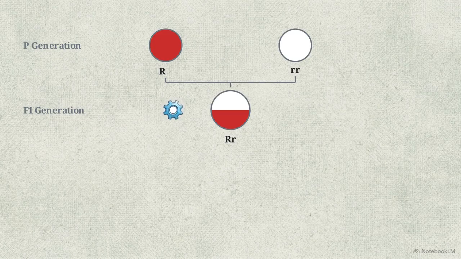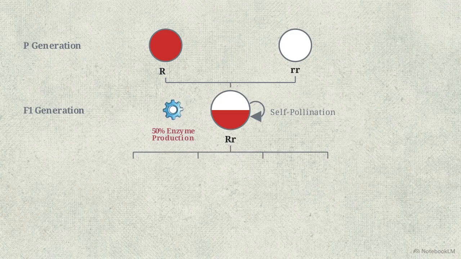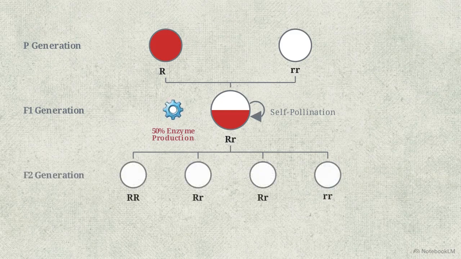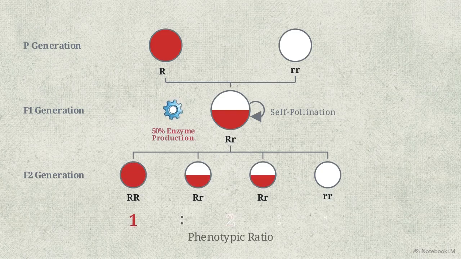Using our enzyme model, the cause of the pink color becomes clear. The single red allele only produces half the required enzyme. It is biologically insufficient to fully saturate the petals with pigment, leaving us with a diluted intermediate color. If we let these pink flowers self-pollinate, the F2 generation emerges in a strict mathematical ratio: 1 red, 2 pink, and 1 white flower.